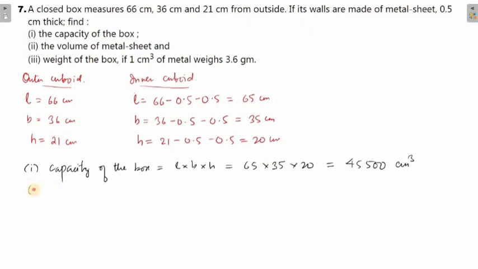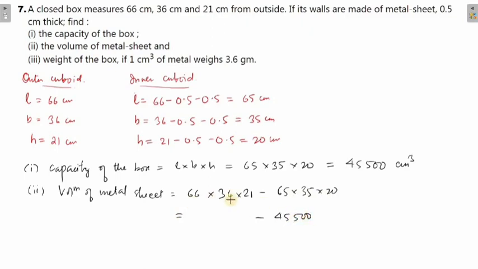Number 2, you have to find the volume of the metal sheet. As I already told you, first find the volume of the outer one and subtract the volume of the inner one. The volume of the inner one is 65 into 35 into 20, which is 45,500.